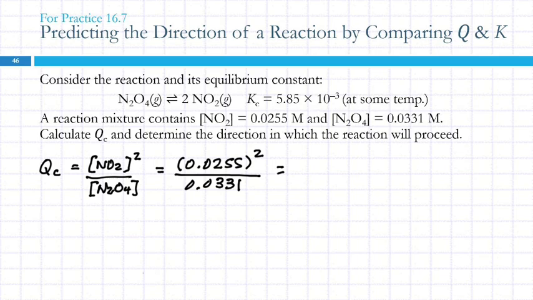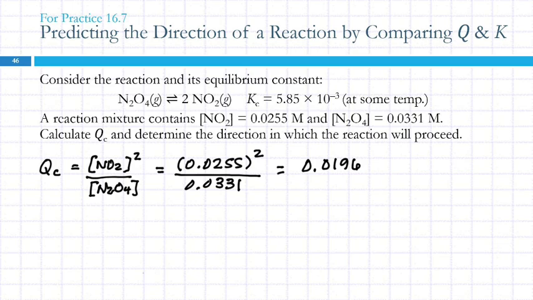I did the math wrong. I left out a decimal point in the numerator. It matters. Let me try that again. Okay, that looks a little more reasonable. 0.0196. So that's the value of Q.